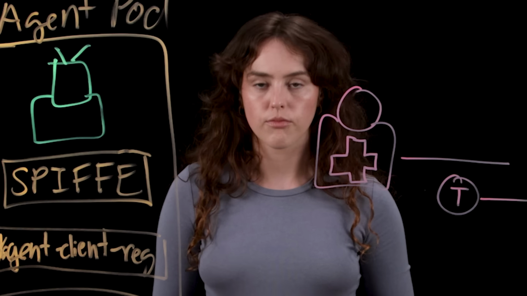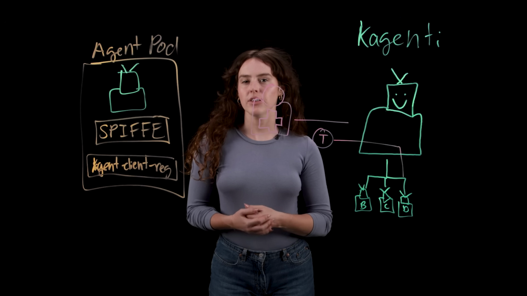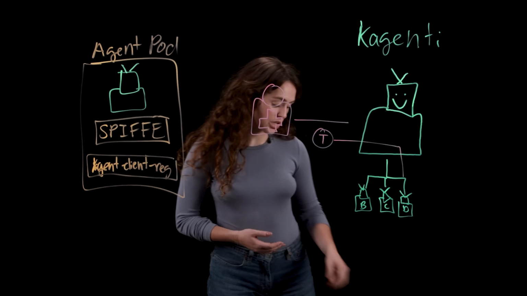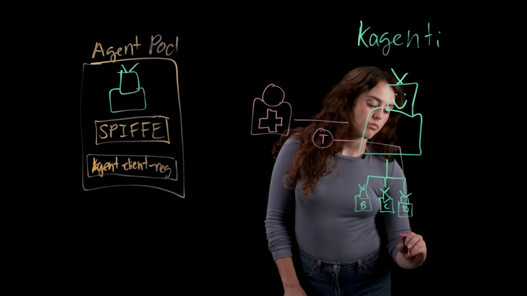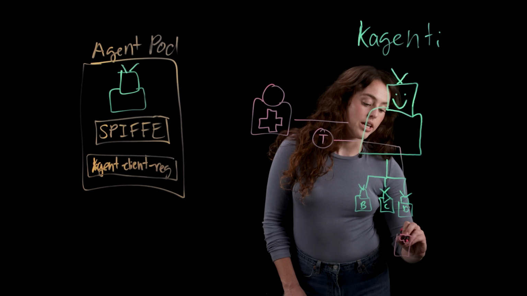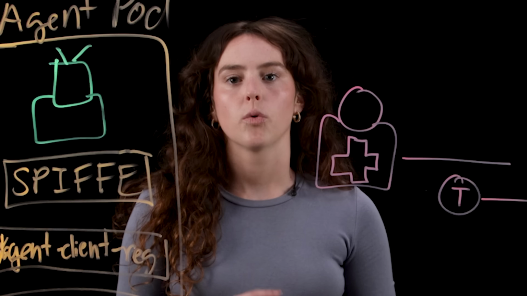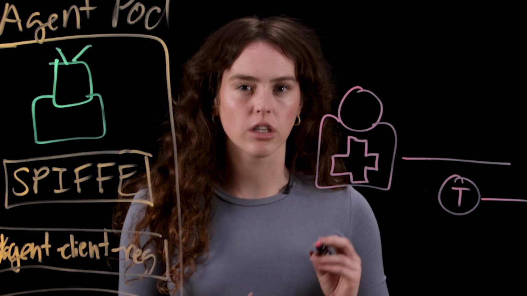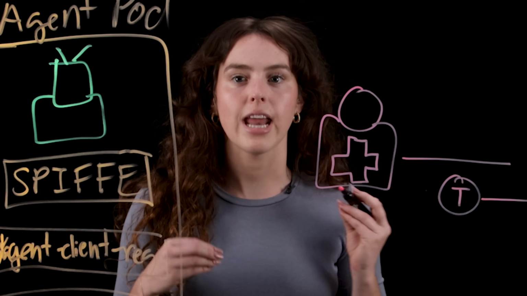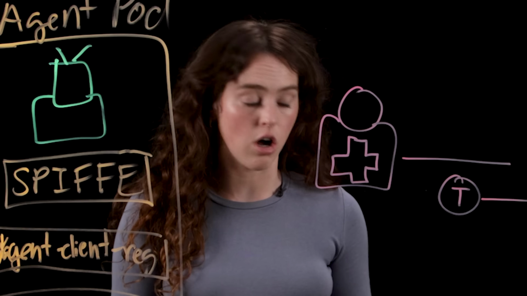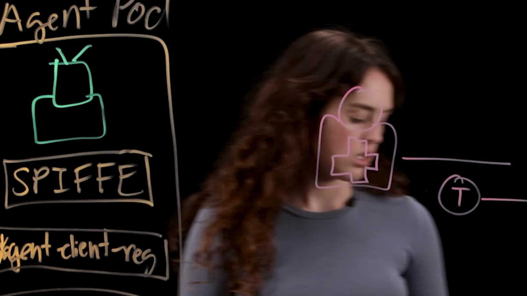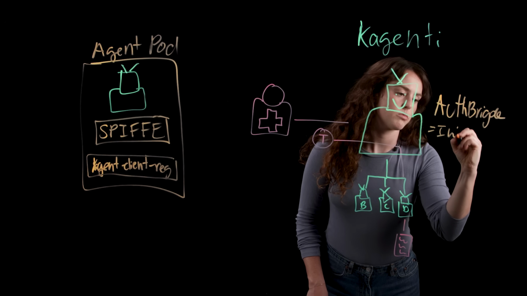Remember agent A and D? It was never supposed to touch these patient records, but it got the access token passed through it via the context. So Kagenti ships a component called AuthBridge, and every time an agent makes a call, AuthBridge injects a header.